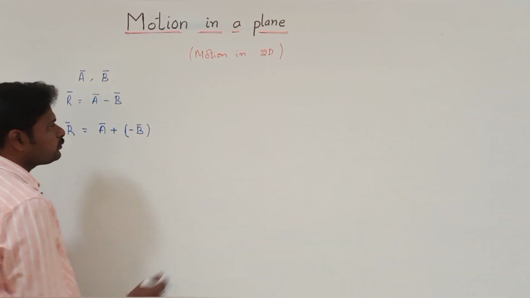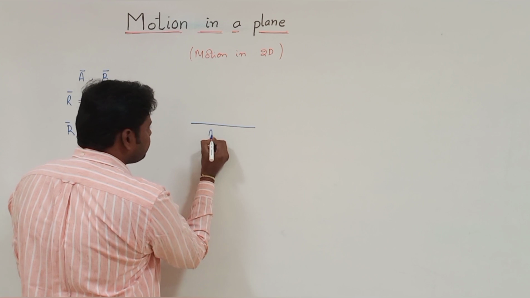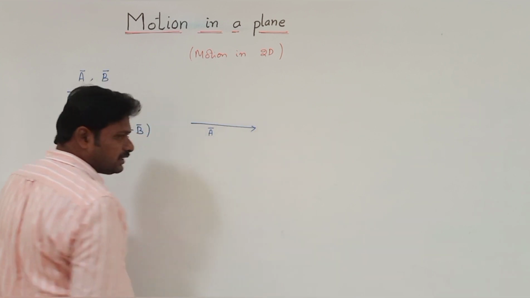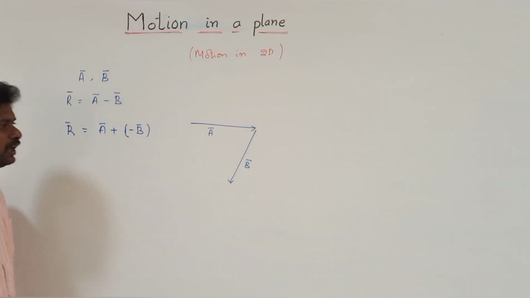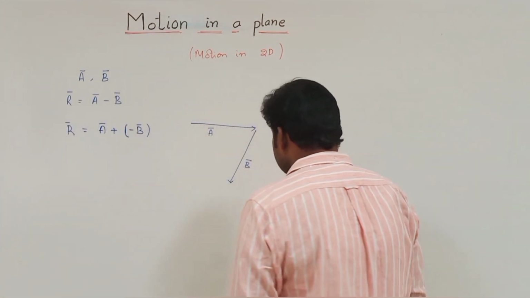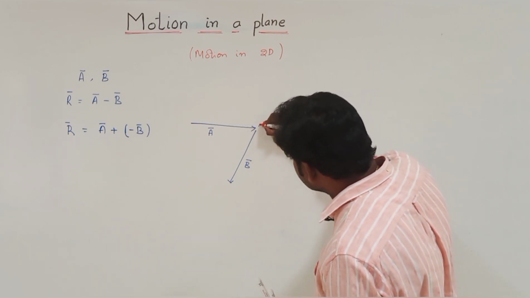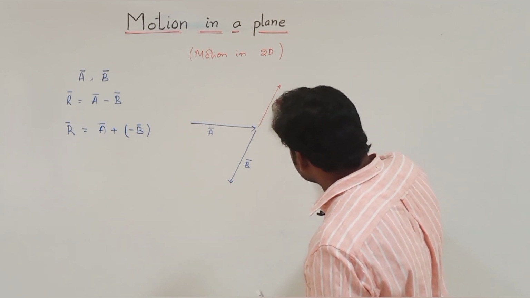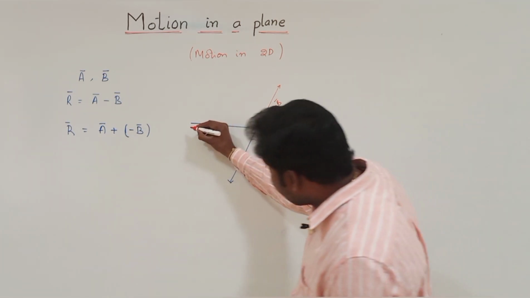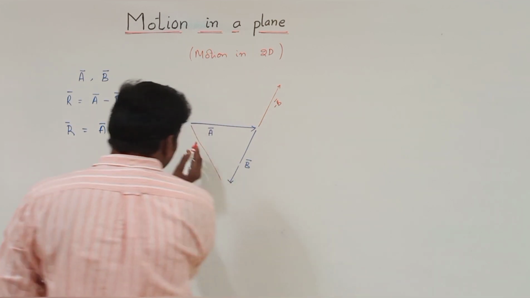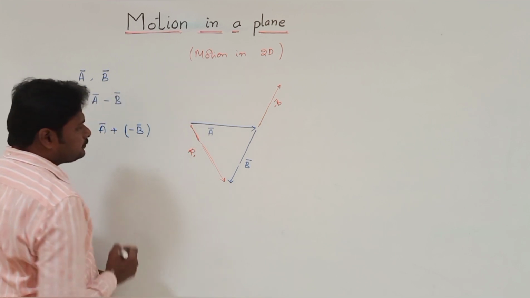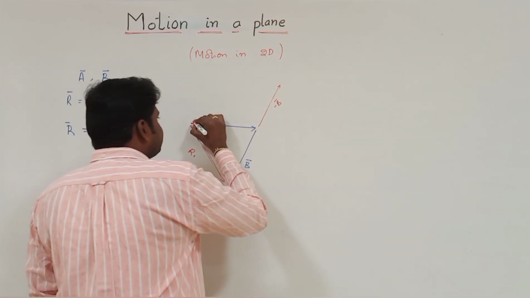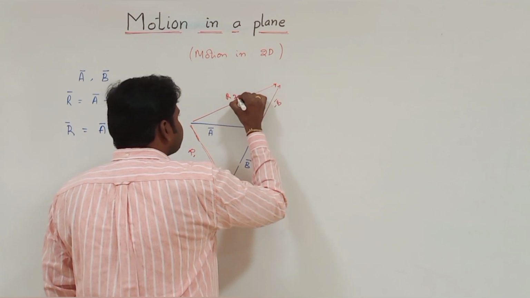See, this is the vector A. Arrow mark is necessary. This is called vector B. How to write the minus B vector, or reverse of this one? This is exactly the same magnitude, wherever it is there. This is called as minus B vector. If you write the resultant, this one in forward order is R1 and this is R2.